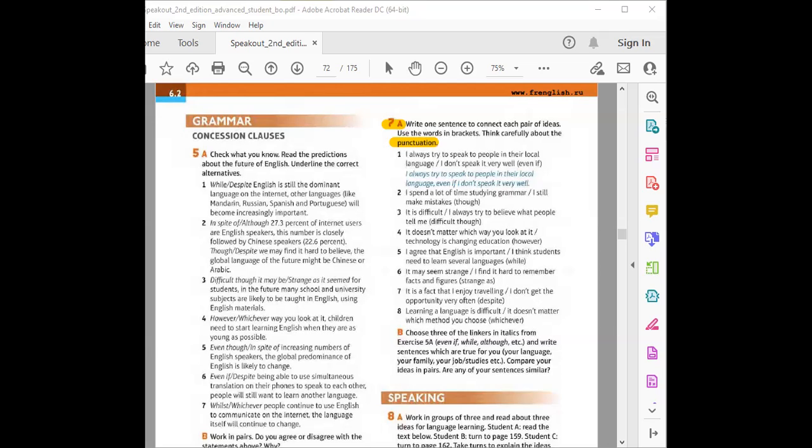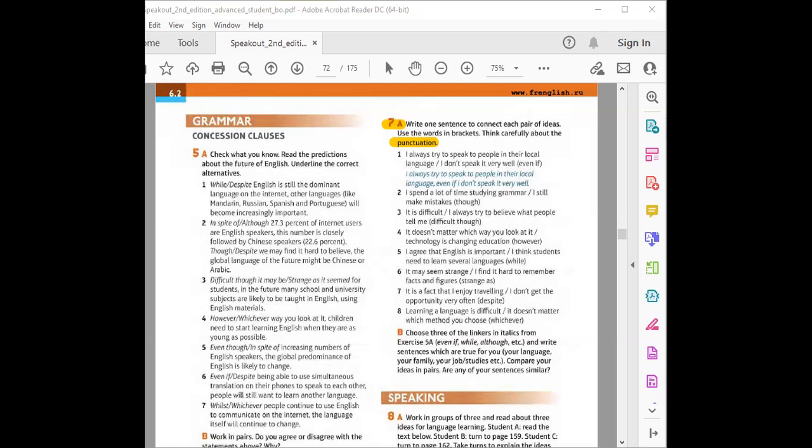Okay, number 3. Who wants to do it? Ikram, do you want to do it? Yeah. Okay, go ahead, please. I just wrote, it is difficult though. No, I always try to believe what people say, or what people tell me, but it's difficult though.